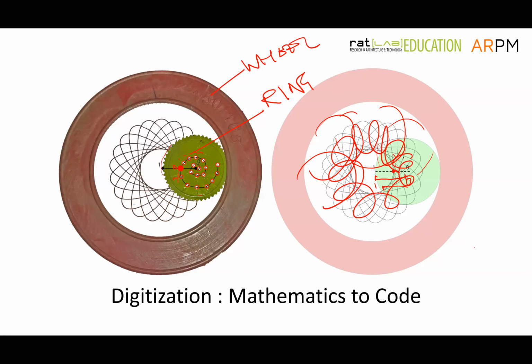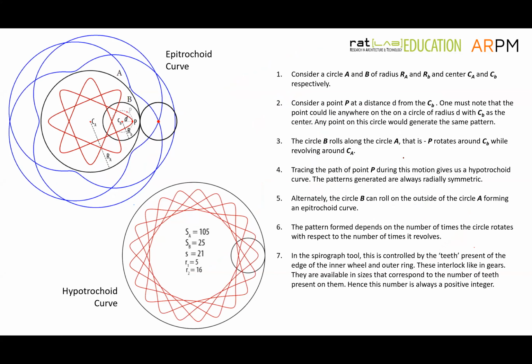Now, of course, the process was much more complex than what you see over here. And that's the actual mathematics behind the epitrochoid curves and hypotrochoid curves, which we are able to draw. That's the overall process, basically.